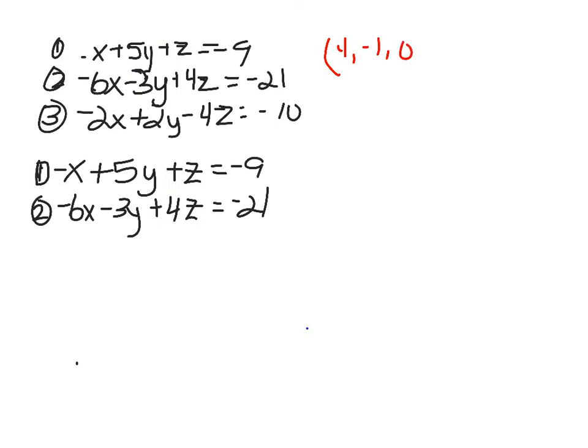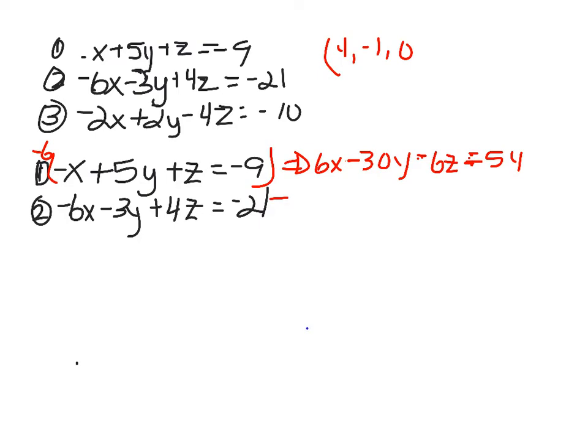Okay, so what I'm going to do is I'm going to get rid of the x's here. So I'm going to multiply the top equation by negative 6 so that I get a positive 6x here. So I get positive 6x minus 30y, sorry, that's minus 30y, minus 6z, and that equals positive 54.